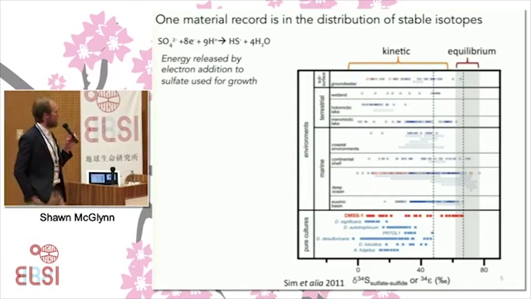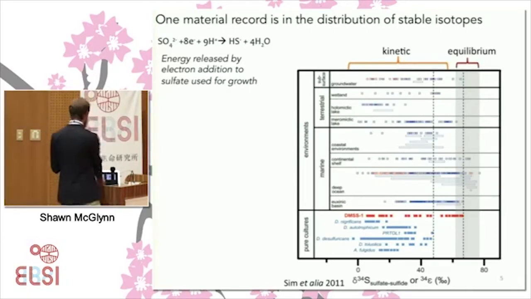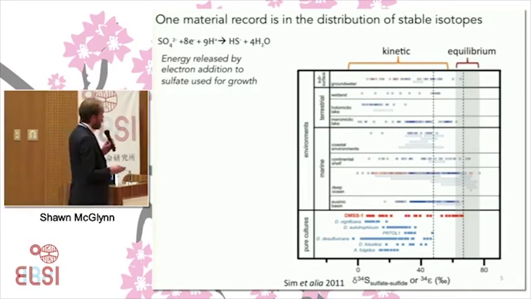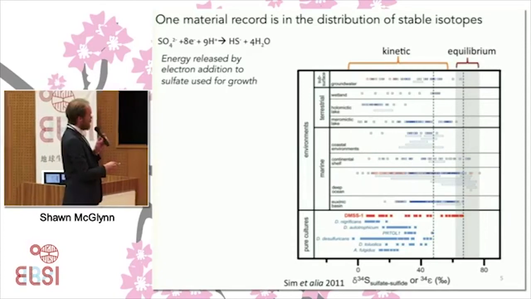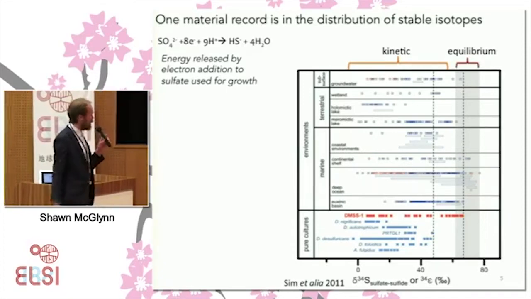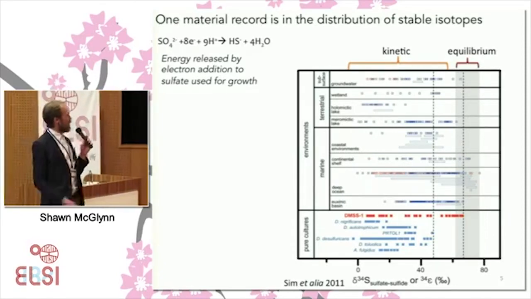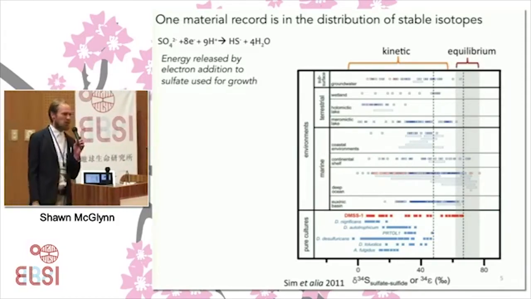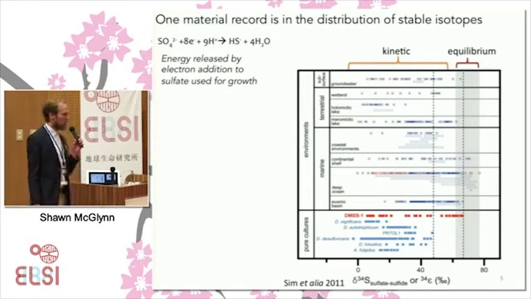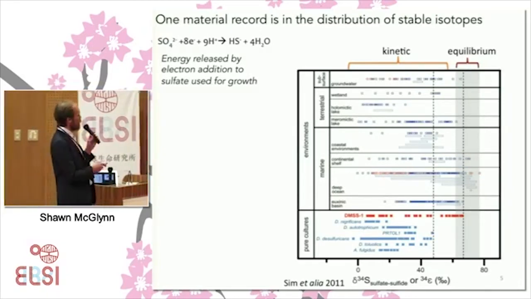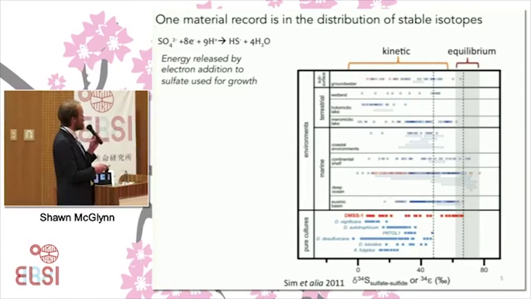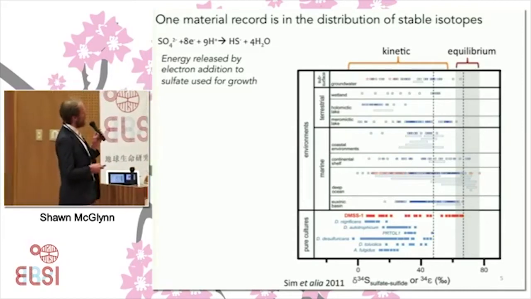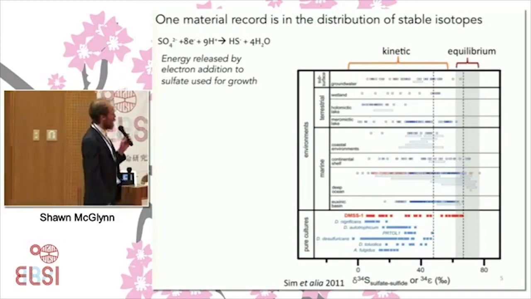What is being shown in this gray area are the equilibrium fractionation values of sulfate to sulfide from 0 degrees Celsius all the way up to 40 degrees Celsius. So the temperature at which sulfur isotopes will equilibrate between sulfate and sulfide will affect the final value of the system. And then we have all of this other stuff out here that I labeled kinetic. This is the stuff that life does.